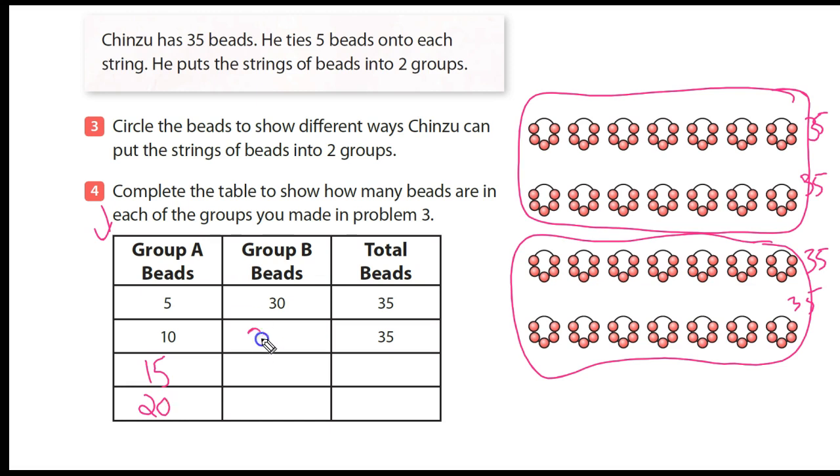Sorry, it's 25, right? So now instead of adding by 5s, I'm subtracting by 5s. I'm going backwards. So 30, 25, then 20, and then 15. I'm not subtracting 10. I'm subtracting 5 only at a time. And then the total is going to be the same, 35 and 35.